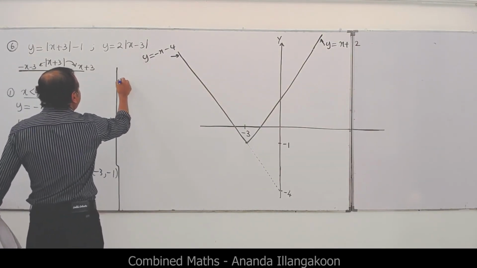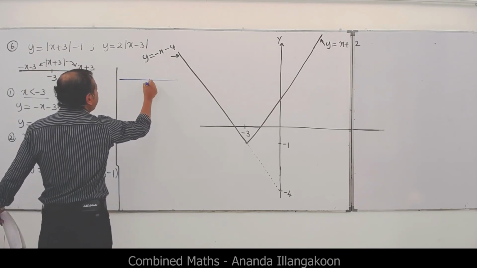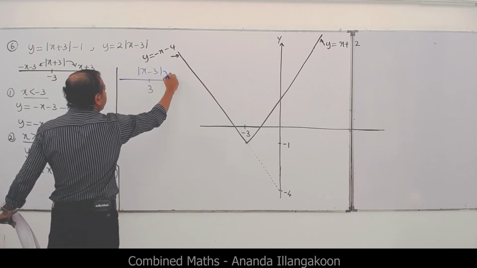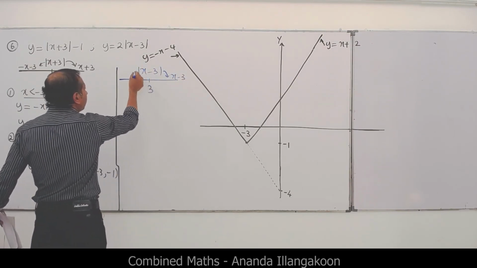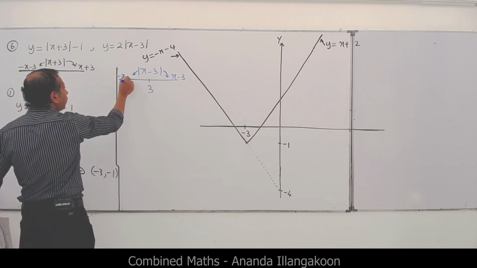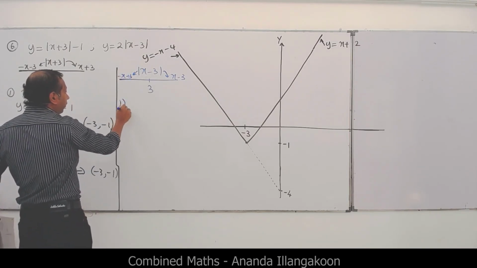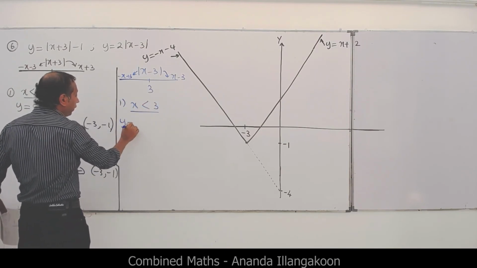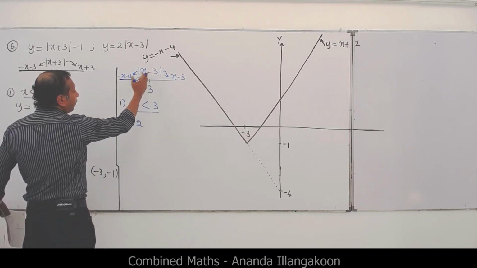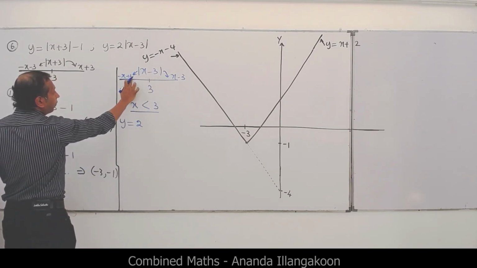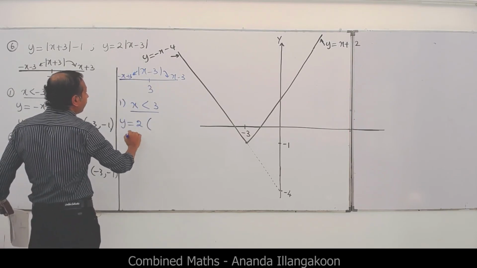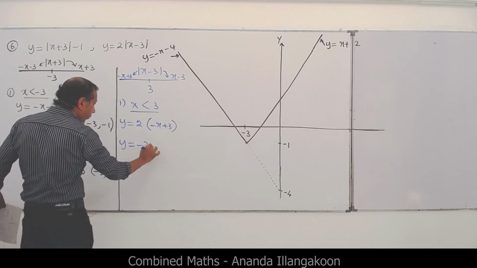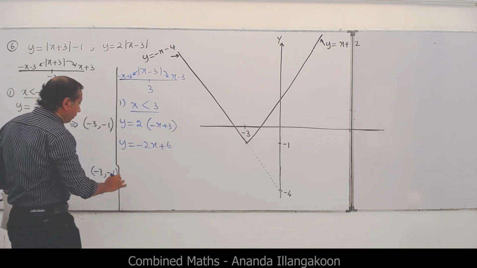Mod x minus 3 changes at 3. On the right of this, it is x minus 3; on the left of this, minus x plus 3. For x less than 3, y equals 2 times minus x plus 3, so y equals minus 2x plus 6. That is case number 2.